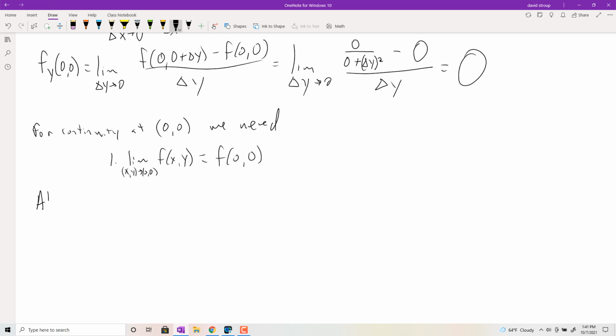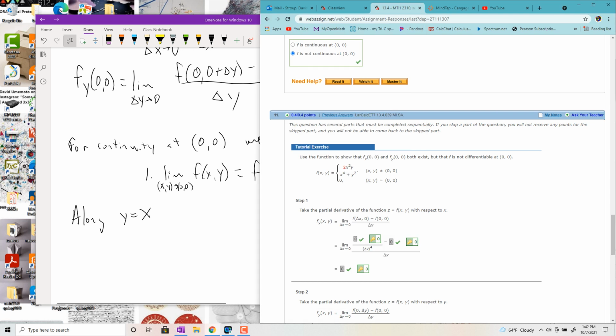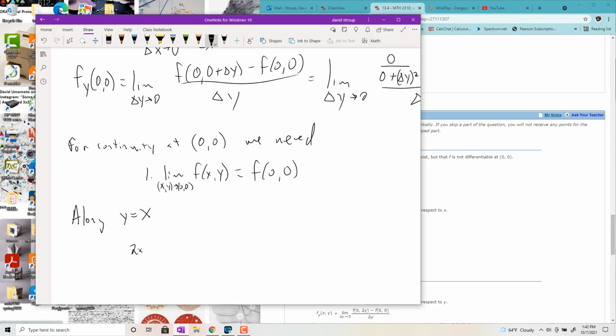Okay, so let's see if we can evaluate this limit. We can approach from different directions. First, along y equals x. Everywhere except (0, 0), the function is just 2x squared y over x to the fourth plus y squared, and we're dealing with the limit as (x, y) goes to (0, 0).